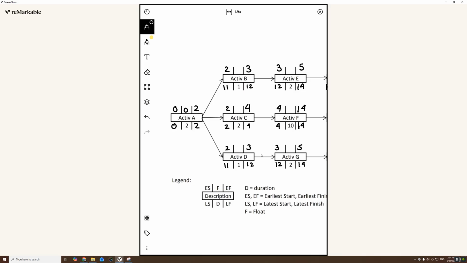Okay, let's fill this in. Activity B, 11 minus 2 is 9. Activity B can be delayed by 9 days. And the rest of that should be plug and play, so let's just throw these in for each of our activities at this point, since we're familiar with it.